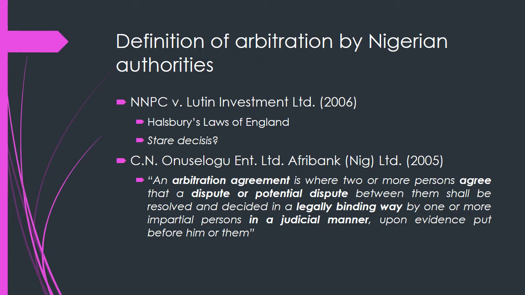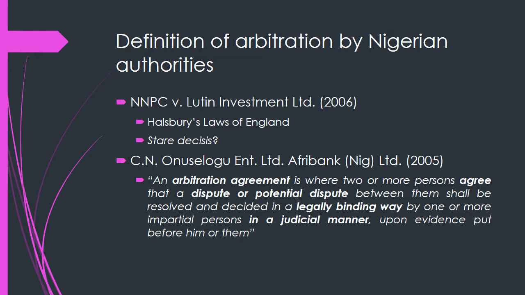So they said that an arbitration agreement is where two or more persons agree, first feature, that a dispute or potential dispute between them shall be resolved and decided in a legally binding way, second feature, by one or more impartial persons, third feature, in a judicial manner, fourth feature, upon evidence put before him or them, fifth feature. Can you identify the features? Let's go back and point them out. Some of them are a bit different from the way we mentioned them.